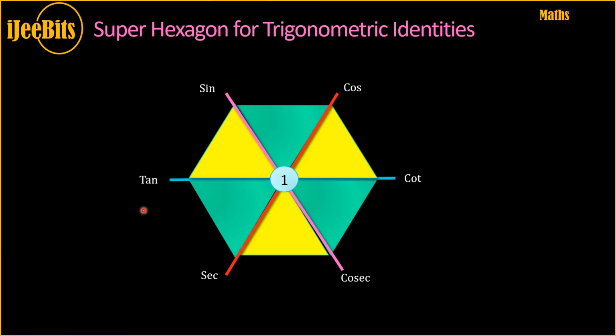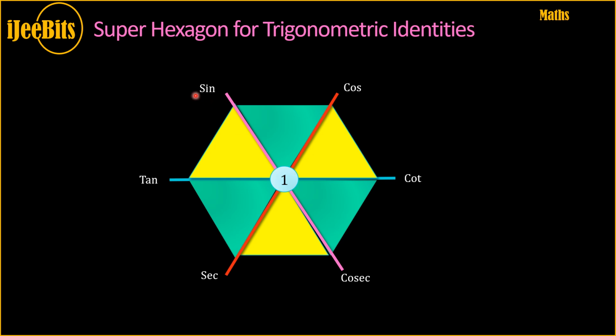Now I have a hexagon with all the ratios, and then I put a 1 in the center. Let's see how this is going to help us. Sine multiplied by cosecant equals 1. Tan multiplied by cot equals 1. Secant multiplied by cos equals 1. Do you see?